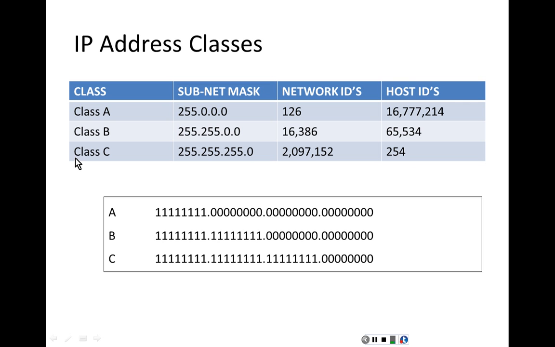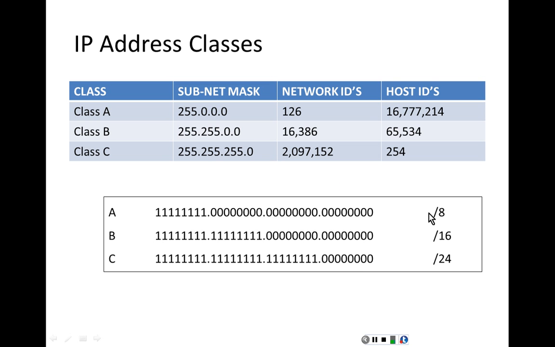Conversely, a Class C subnet mask 255.255.255.0 is a 24-bit subnet mask, and that indicates that 24 bits are used for network ID, so we have a largest number of networks, but only 8 bits are used for host ID, so you can only have 254 hosts in a Class C network.